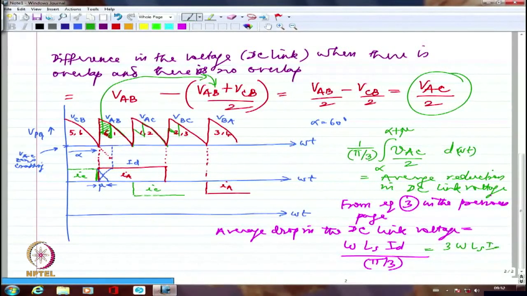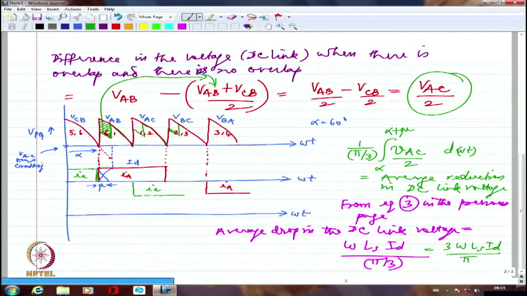This value of voltage has to be subtracted from the original value of average voltage we had calculated without overlap. The original value of average voltage we had calculated was 3 Vm by pi cos alpha. So from 3 Vm by pi cos alpha, if you subtract this much, that is the value of average DC link voltage available across the output side when I am considering overlap.